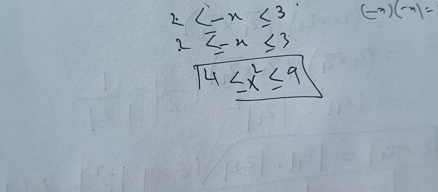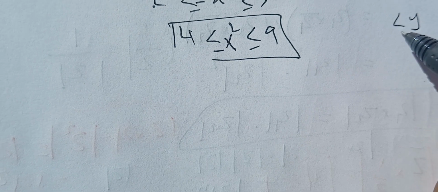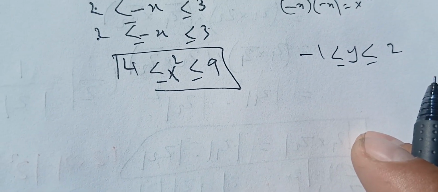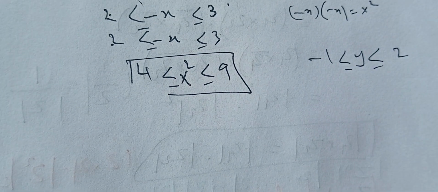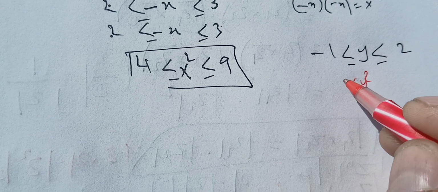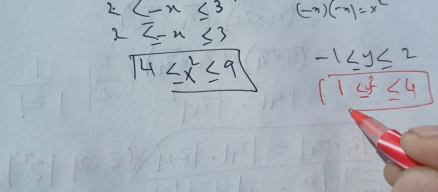For the y, now, we have y is between -1 and 2, and we are asked to compute y squared. The same thing, if we jumped and computed y squared, we're going to find that y squared is between 1 and 4.